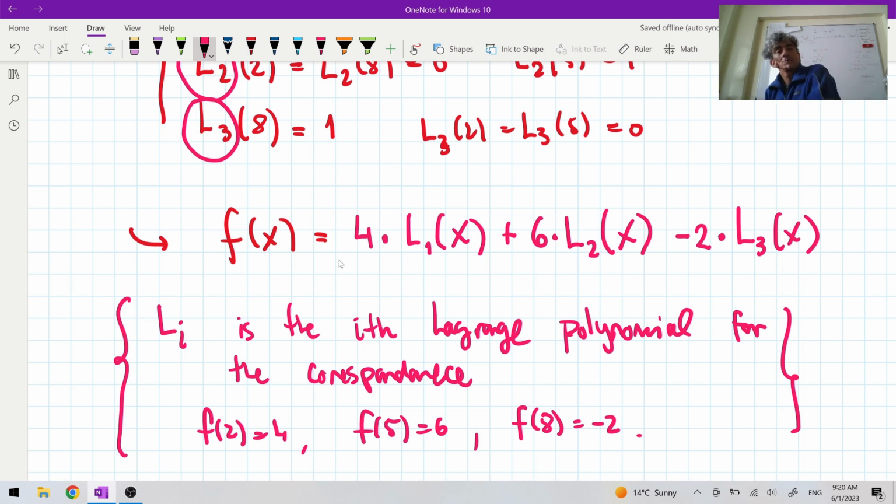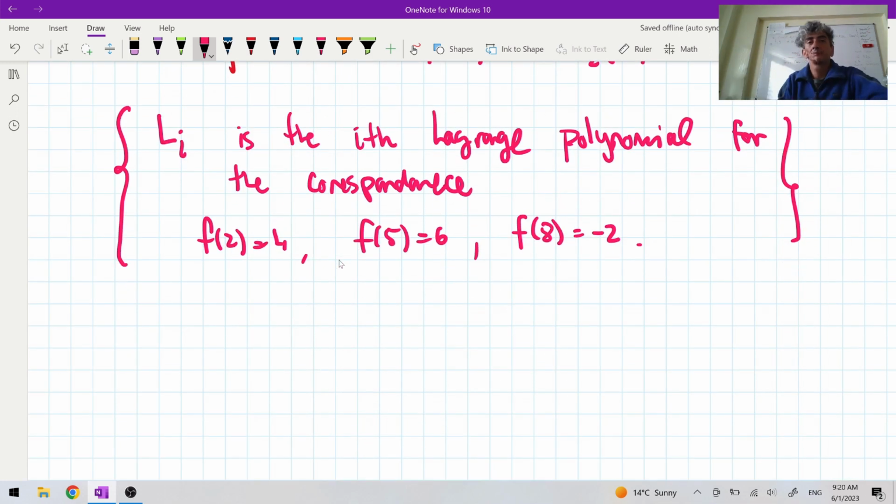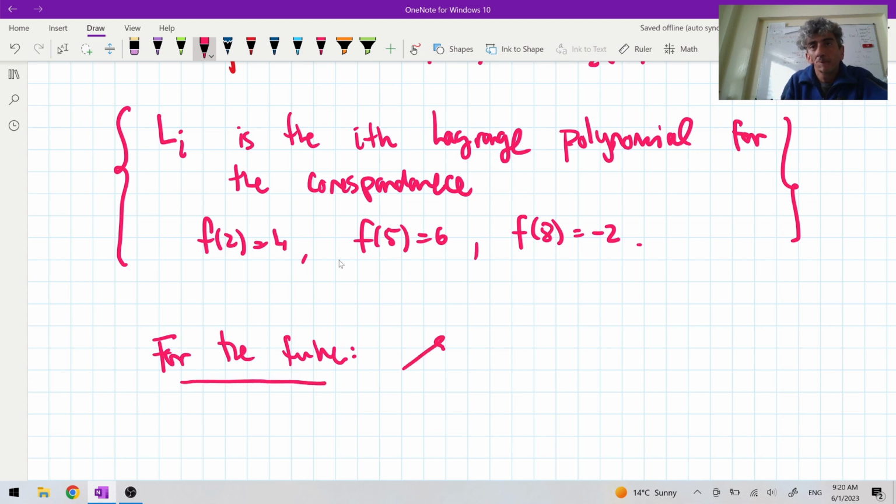Okay, we're going to finish with this example, and we're going to talk about the specifics of the Lagrange interpolation procedure in a different video, and we're going to think for the future, first of all, formalize this.